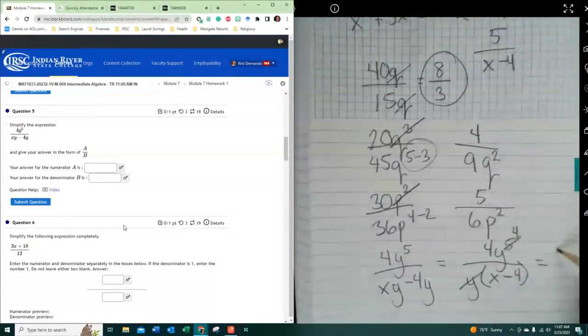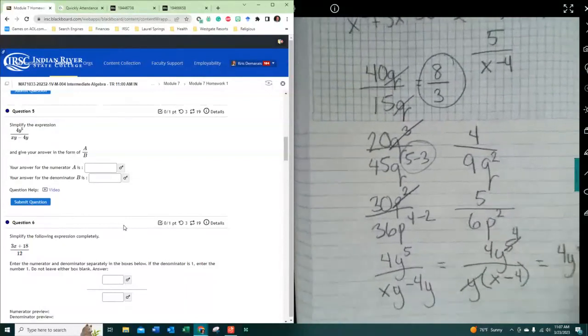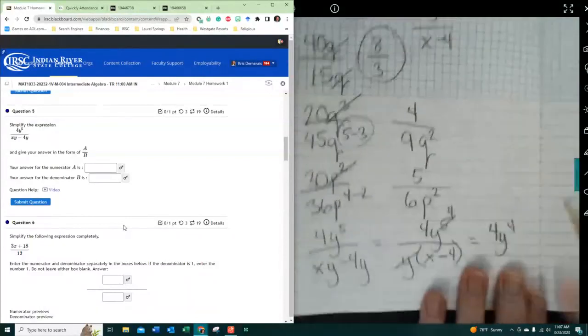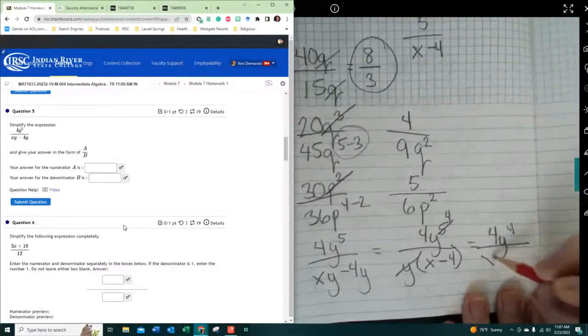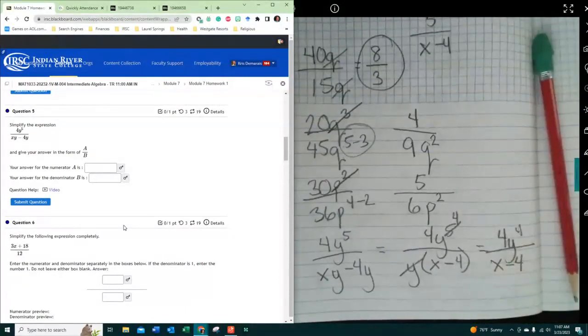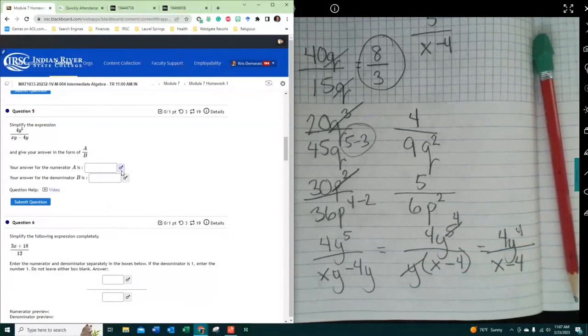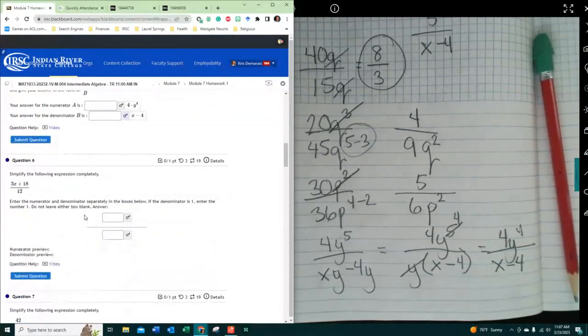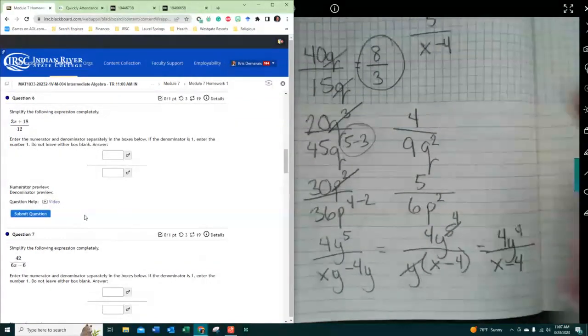So then our answer will be 4y to the 4th, with the denominator being x minus 4. So that's the answer we're looking for. So A would be 4y to the 4th, and then the B value would be x minus 4. All right, so that's that one.